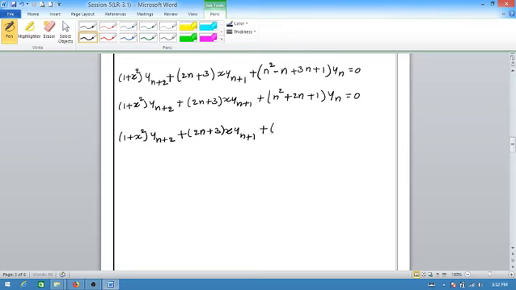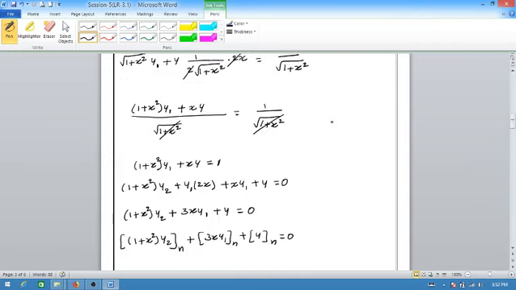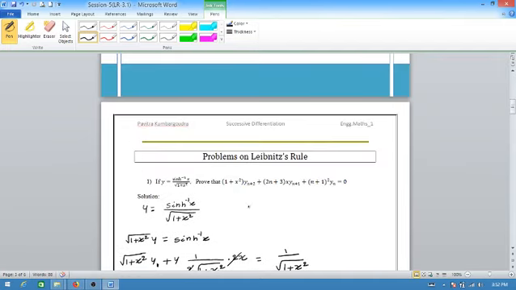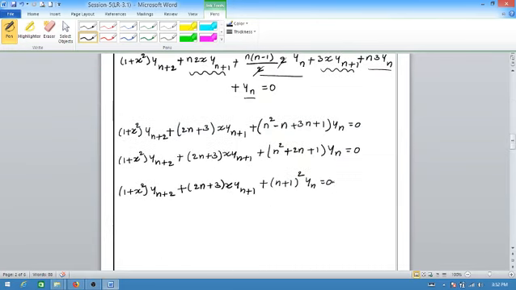So n square plus 2n plus 1 is (n plus 1) whole square into yn. So that is equal to 0. So this result is same as whatever they have given in the problem. So (1 plus x square) yn plus 2 plus (2n plus 3)x yn plus 1 plus (n plus 1) whole square yn is equal to 0. So this is the solution.